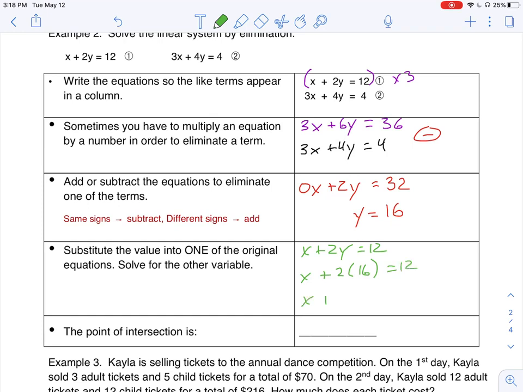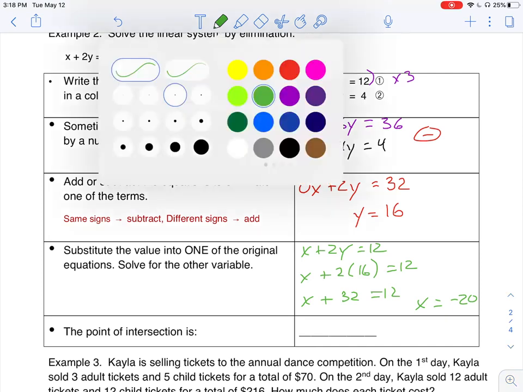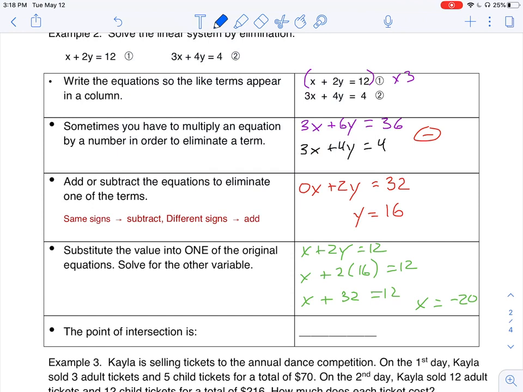This gives me x plus 32 equals 12. I end up getting an x value, 12 minus 32, of negative 20. So I have my x value of negative 20 and my y value of 16. So my point of intersection is negative 20 and 16.